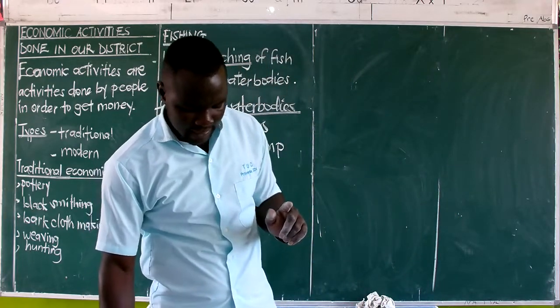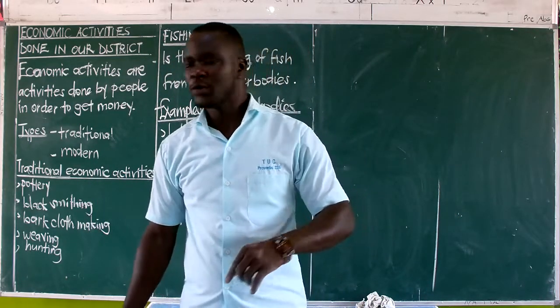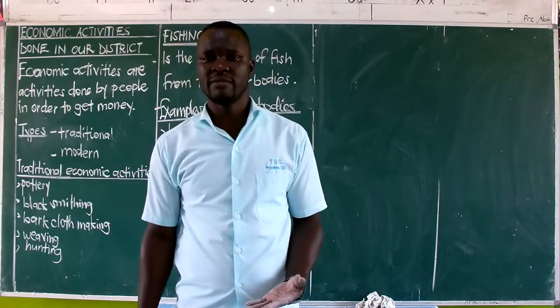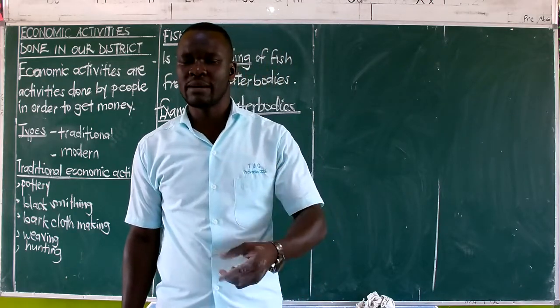We are going to look at the methods of fishing. How do these fishermen get the fish from water? They use a lot of methods, and these methods we are going to group them into two.